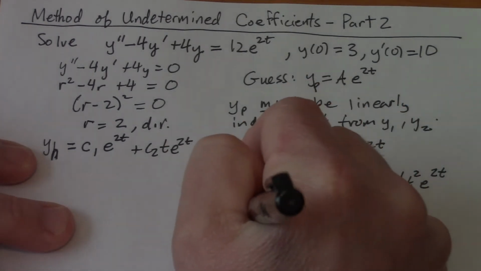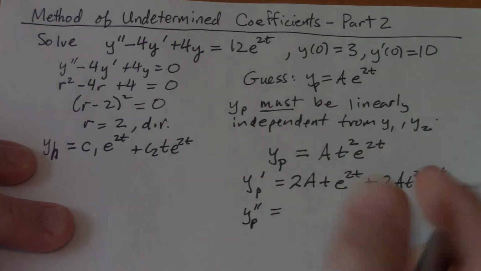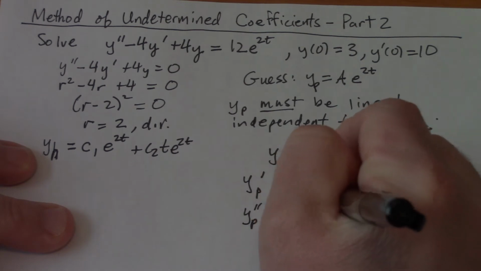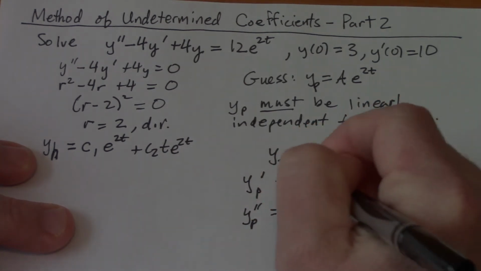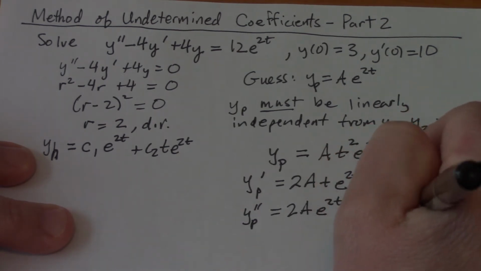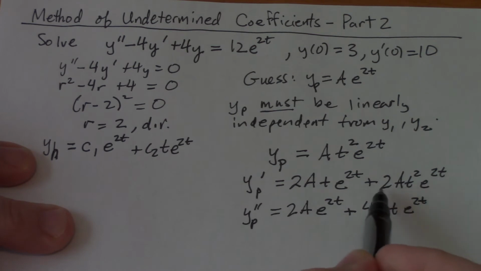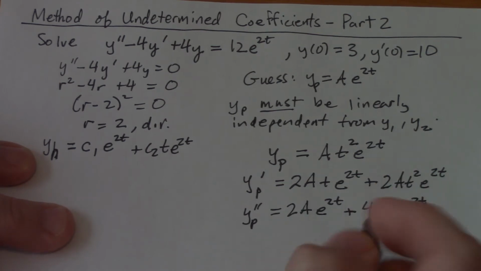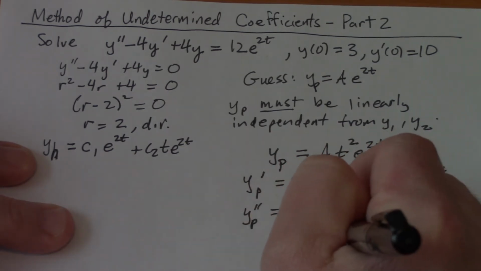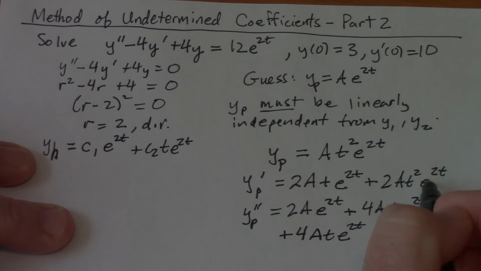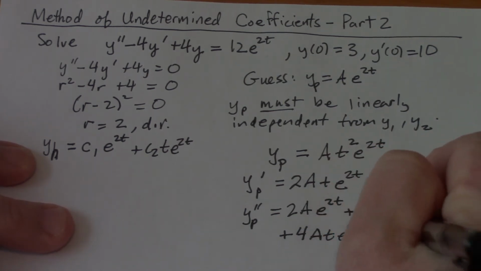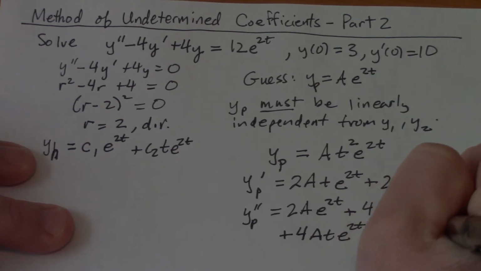Not too bad. Yp double prime though, messy. So we're going to have product rule twice, so we're going to have 4 terms. So 2a e to the 2t, and then the derivative of e to the 2t is 2, so 4at e to the 2t, and then over here, derivative of t squared is going to be 2t, so plus 4at e to the 2t, and then the derivative of e to the 2t is 2 e to the 2t, so plus 4at squared e to the 2t.